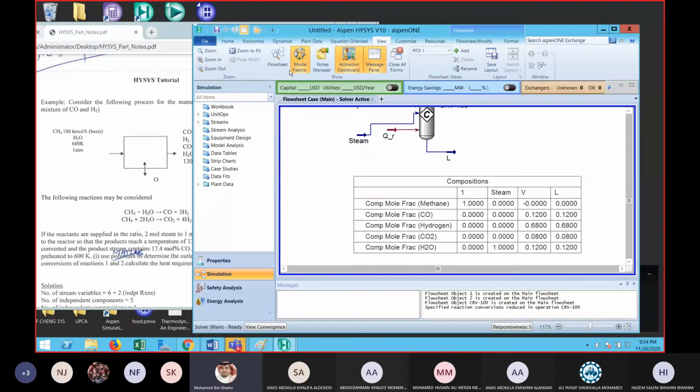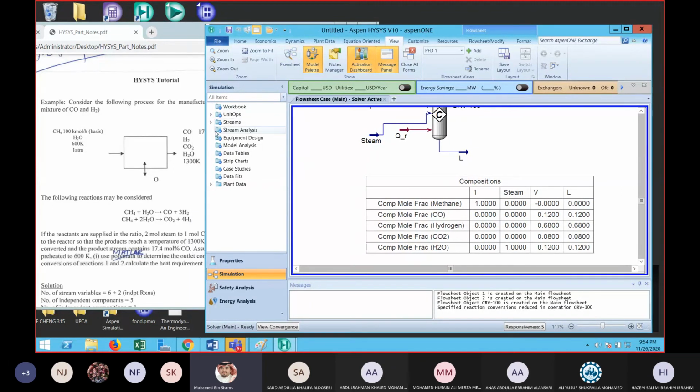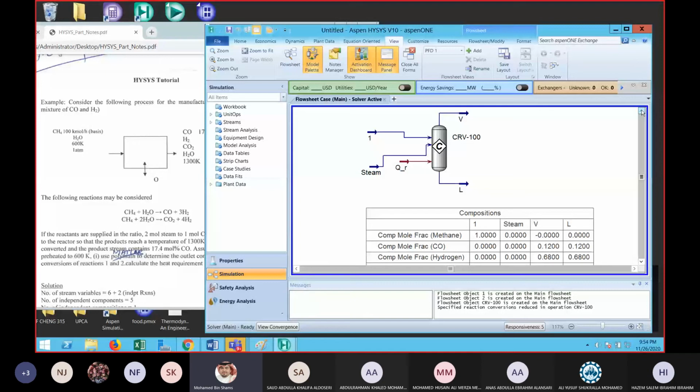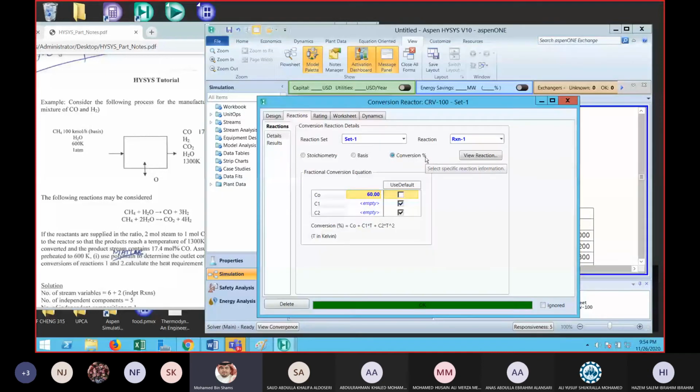Well, this is still not 0.174, meaning I still have to change the conversion. So I come here again and change reaction 1, and I put the conversion maybe 65%. And if it's 65%, then reaction 2 has 35%.